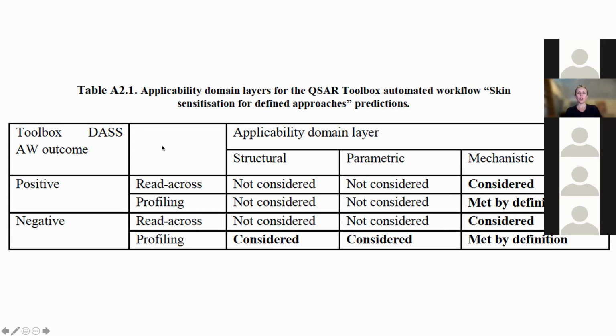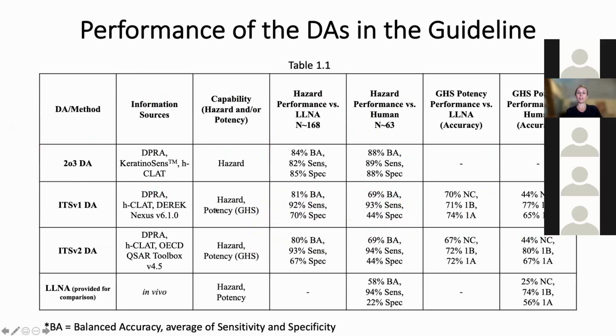So now getting to sort of the punchline here. This is the first table in the guideline, and this shows you the performance of the defined approaches against both the LLNA reference data that Sylvia told you about and the human reference data that she described as well. So again, here we have around 168 reference substances for the LLNA and around 63 or so substances for human.